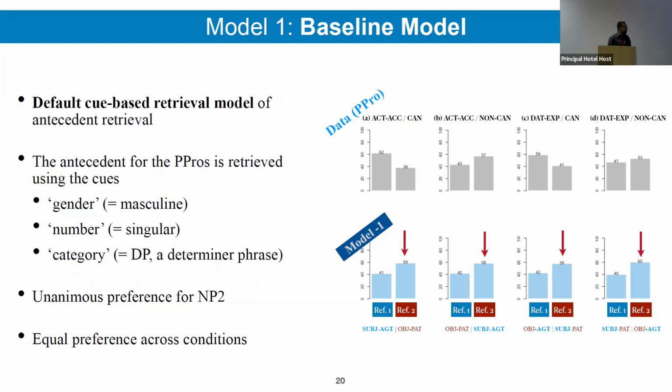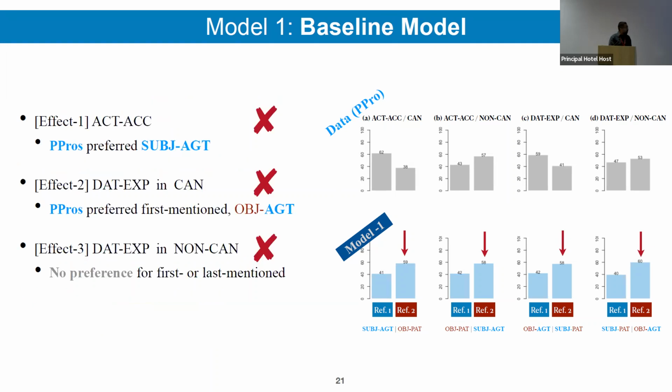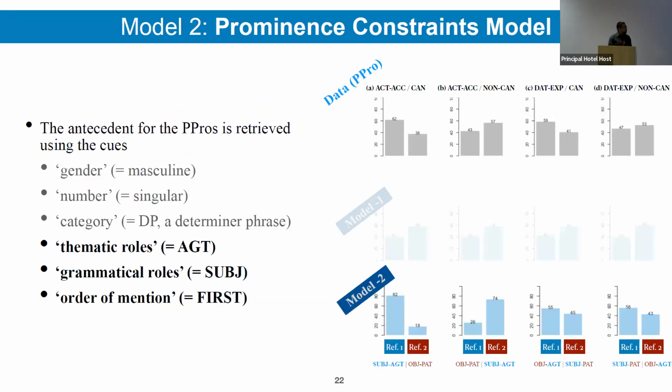So it's definitely not a great model. So the next model, as an improvement over the previous one, adds prominence cues, such as thematic role, grammatical role, and order of mention. Let's see if the model performs better.